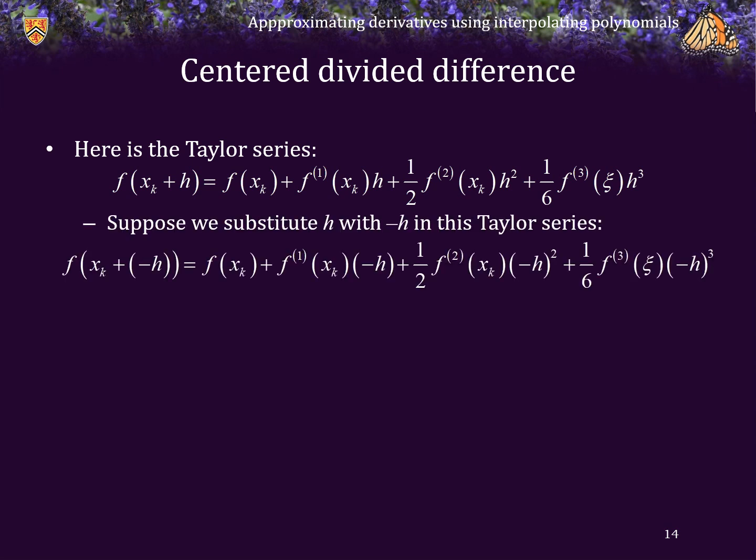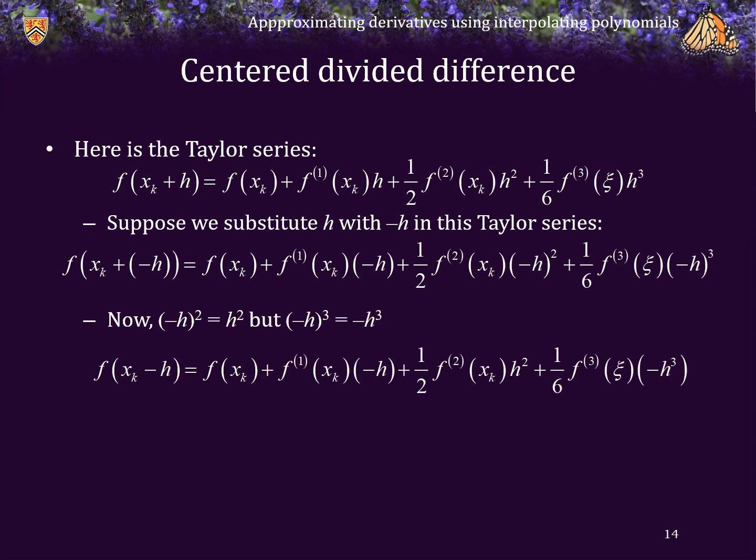Well, suppose we substitute h with minus h into this Taylor series. Now, taking a look at this, we do observe that negative h all squared is equal to h squared. Negative h all cubed is negative h cubed. So substituting these into that previous expression, we have this expression here.